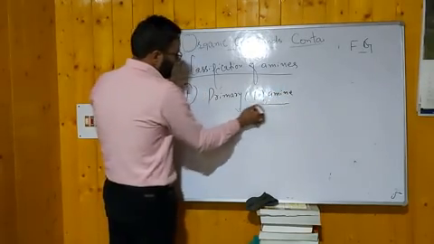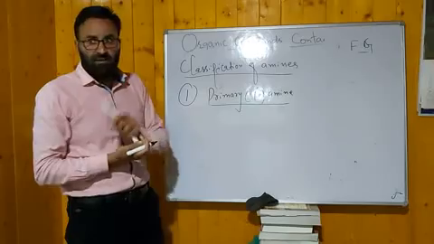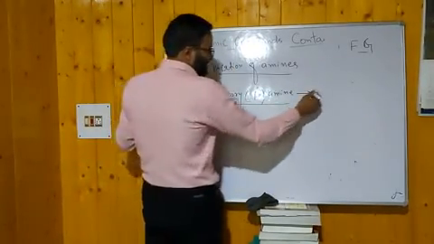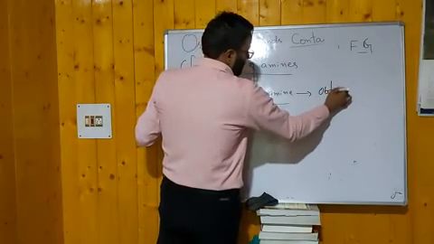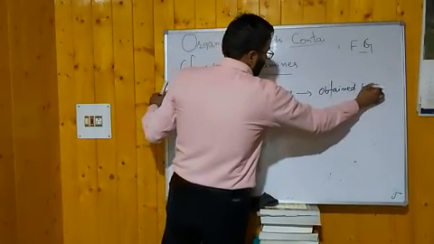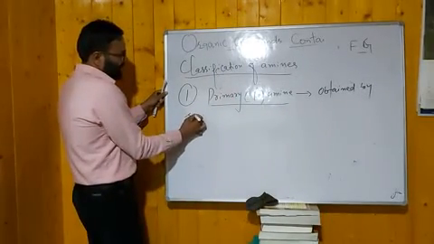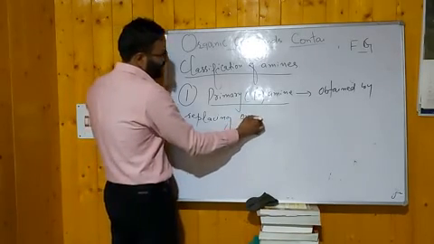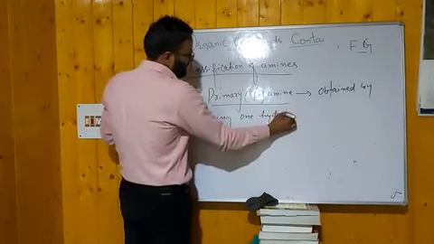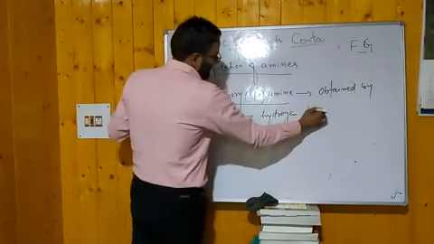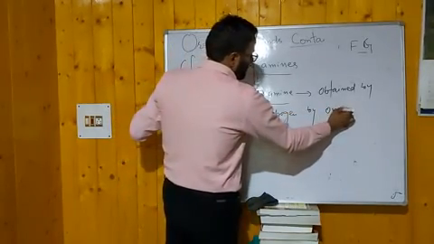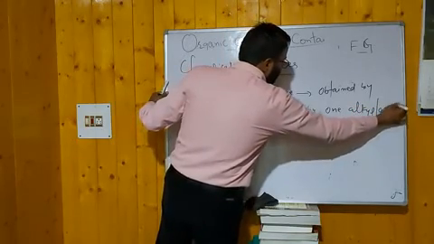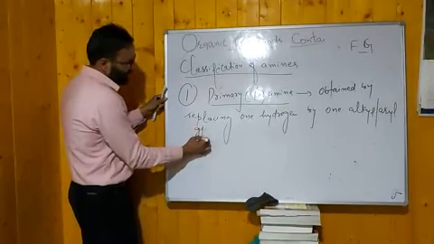If I ask you how to define a primary amine, you can say it is the class of amines which are obtained by replacing one hydrogen from ammonia by one alkyl or aryl group. One alkyl or one aryl group.